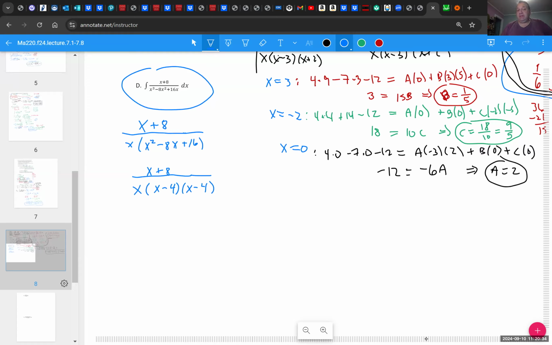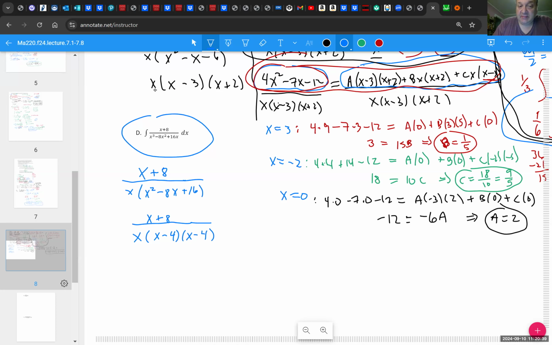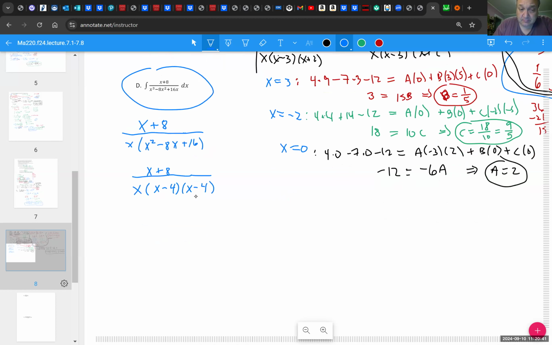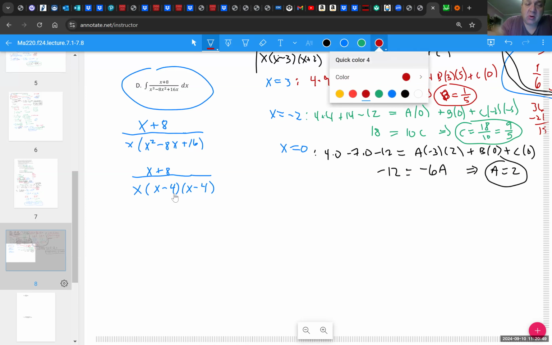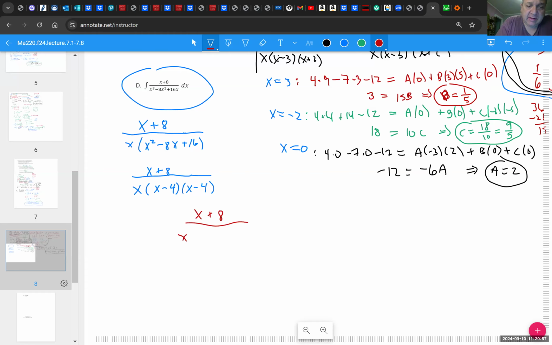So the reason why this is different is that in the previous problem, we had three different factors: x, x minus 3, and x plus 2. In this one, we have three factors, but two of them are the same. Without knowing the procedure, you might think, okay, we got x plus 8, we got x, x minus 4, x minus 4, and that will be a over x, and b over x minus 4 and c over x minus 4.